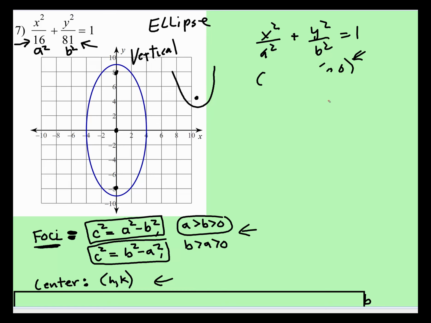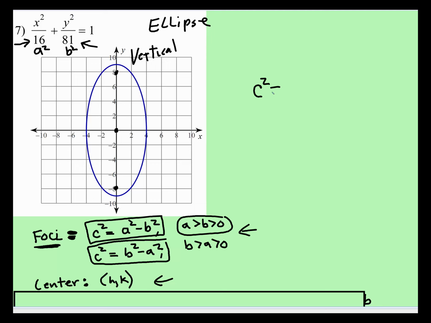So let me go ahead and erase some of this stuff. In this case right here, if we want to find the focus, c squared is equal to, the b is larger, so 81, remember that's b squared, minus 16. So c squared is equal to b squared minus a squared.